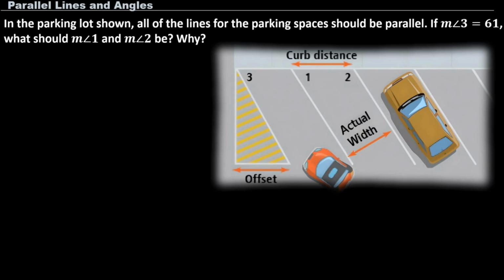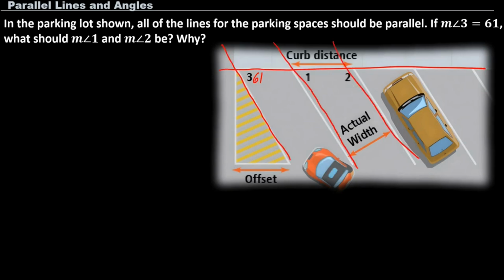In the parking lot shown, all of the lines for the parking spaces should be parallel. Angle 3 is 61. What should the measurements of angle 1 and 2 be? So if they're all parallel, what we can do to help visualize this easier is extend these lines out and look at it as parallel lines and transversals.